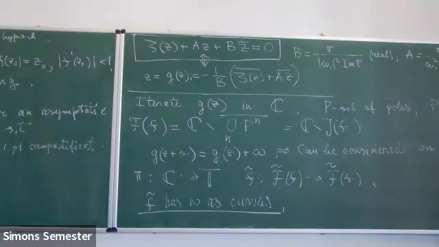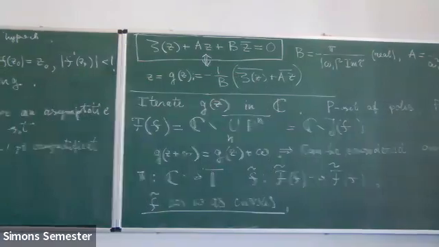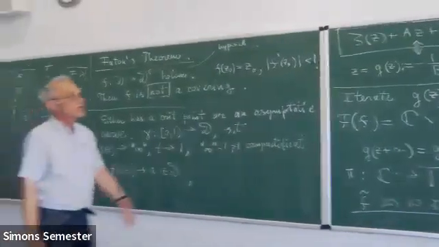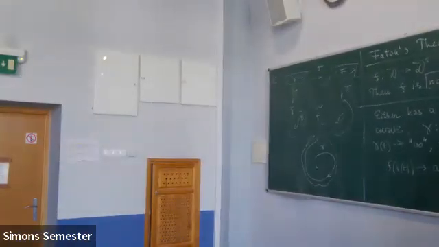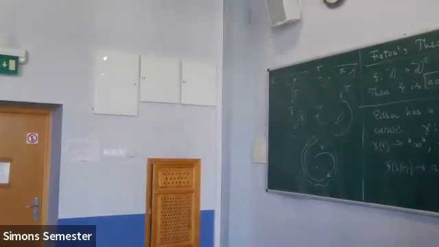Roughly speaking, if it has an asymptotic curve, then this pulls back to an asymptotic curve of G. Sorry, why did I call it F? It is G all the time. I started with G.